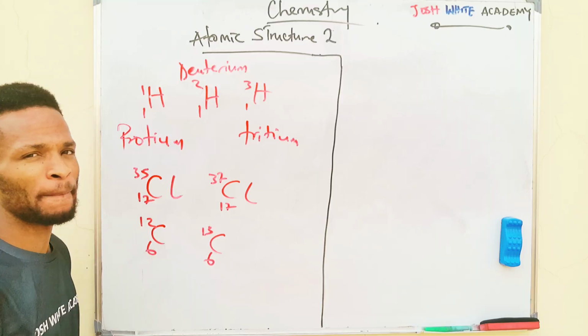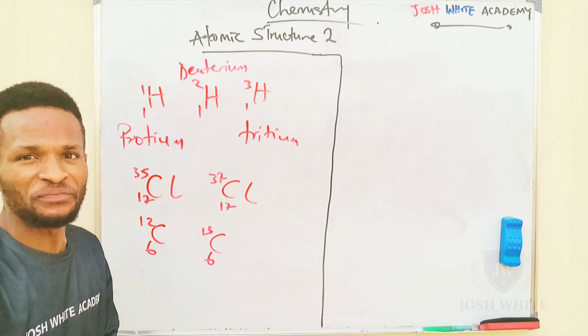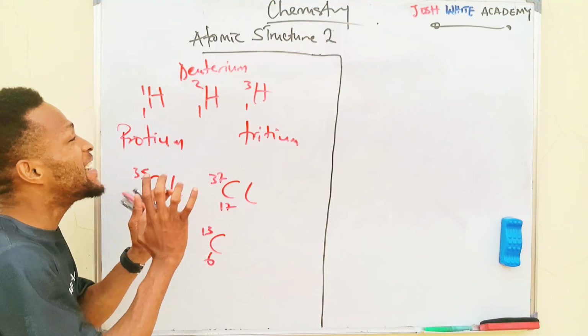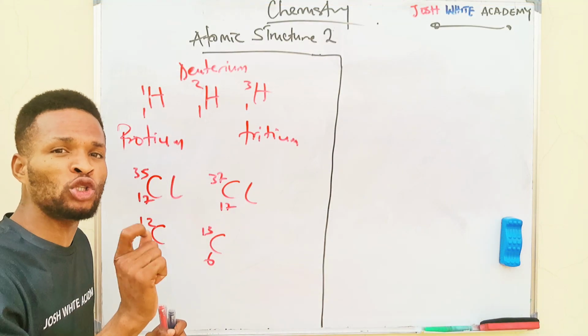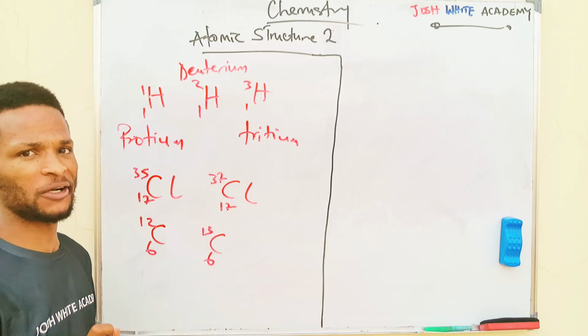Please don't forget, you can even define isotopes as atoms that have the same proton number but have different numbers of neutrons. The main reason behind isotopy is their difference in neutron number.